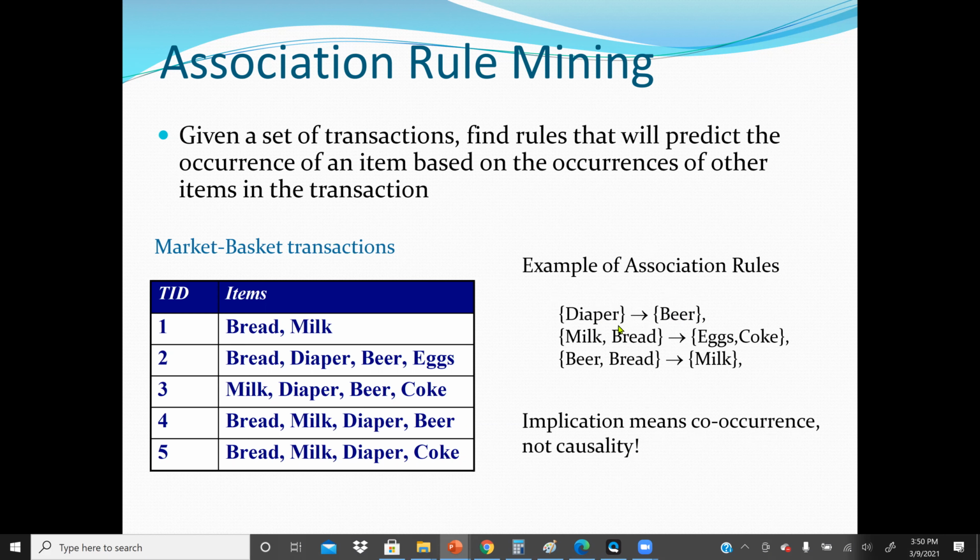So for example, we will not say that anytime a customer goes to a supermarket, if he buys a diaper, he must buy a beer. That's not causality. So again, that's our database here with 5 transactions, and the items are 6 items.